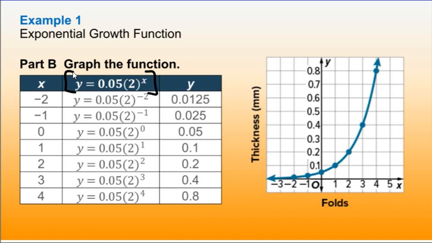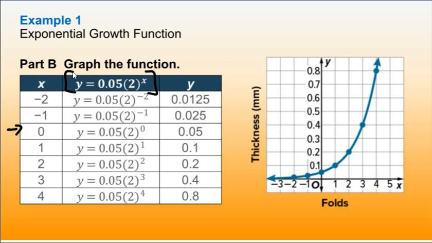So -2, -1, 0, 1, and 2 would be pretty good to use. The more you do, the more accurate of a line you're going to have, but there is not a set number you have to have. I guess the minimum I would do is 3, but you should have enough where 0 is one of the x coordinates, because that's going to be where it crosses the y-axis.